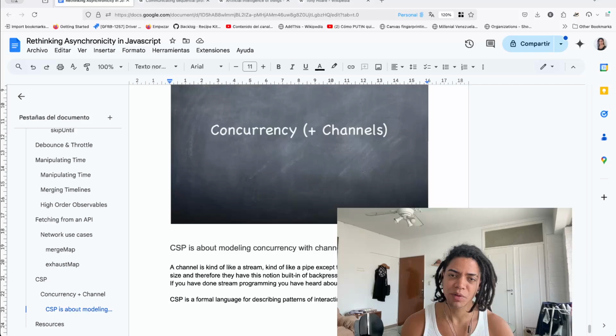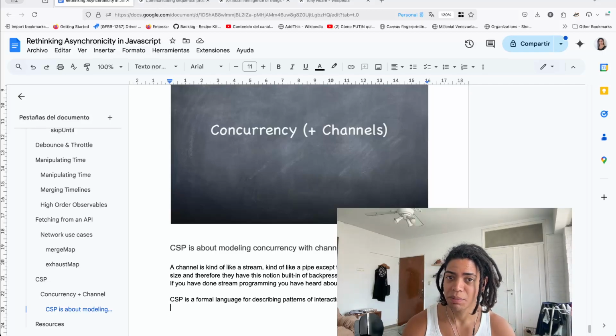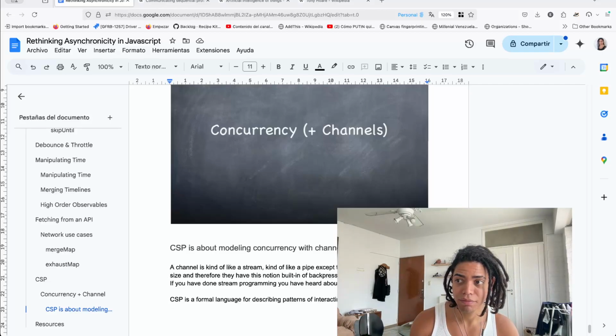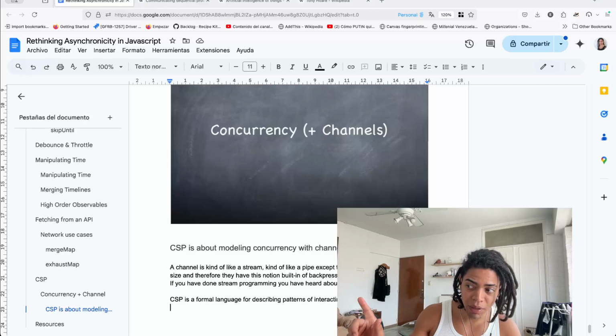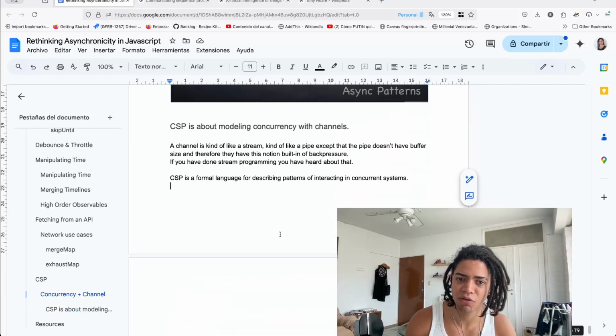And this is the difference between throttle and debounce. Debounce says, hey, I get that, so once you're done firing all of those events and you chill a little bit, then I'm going to do what it needs to do. And the other is throttle. Throttle says, I'm going to let this pass through no matter how many times you're clicking, and then after the next amount of time, I'm going to let this pass through again. CSP is a formal language for describing patterns of interaction in concurrent systems.